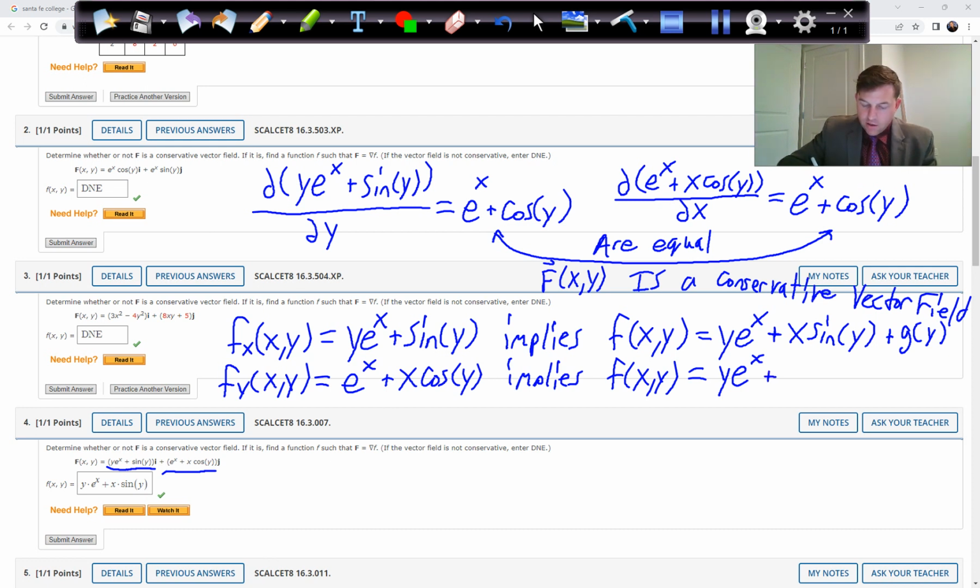Plus, if I have x cos y, the antiderivative of cosine is sine, so that original function must have been x sin y. And then we would have plus, there could have been some function with respect to x in this original function.